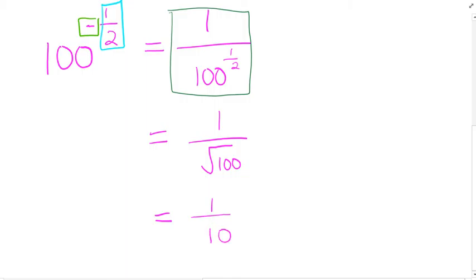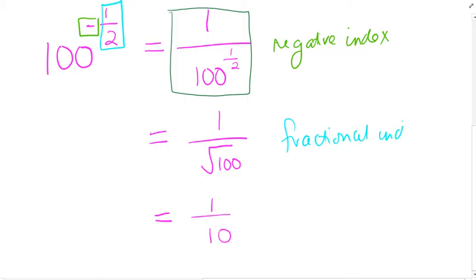So I want you to look at the steps that I took to get there. The first thing we got rid of was our negative index, and then we looked at the fractional index. So we took it step by step. And you'll see a few of these in the exercise that you are about to do. But in short order, we were able to come up with 1/10 as our final answer.